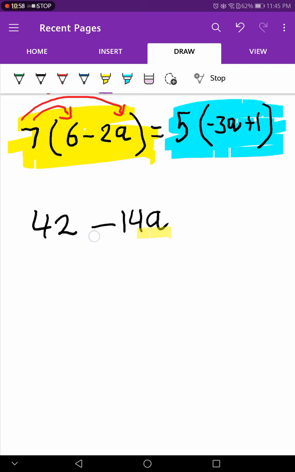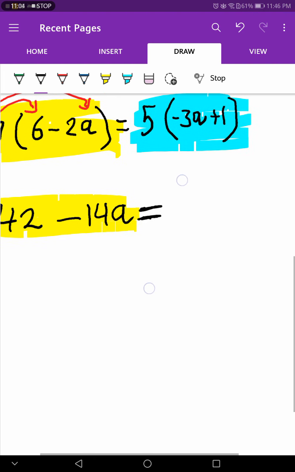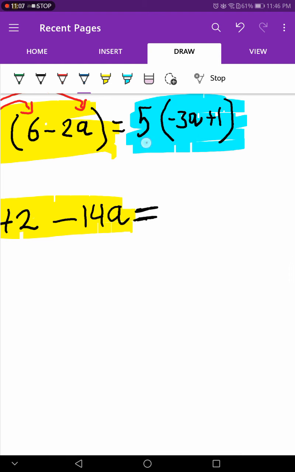So this is the left side. The border is equal, as we know. And what about the right side? This is Ali. Ali must visit the home and must visit the farm, so negative 15a plus 5.